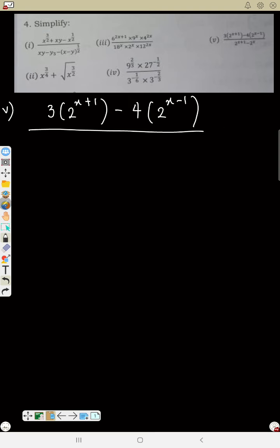Everything divided by 2 raised to power x plus 1 minus 2 raised to power x.